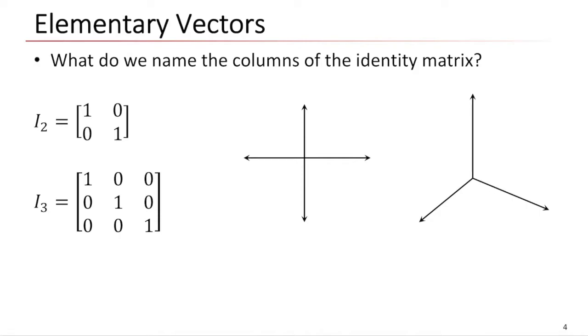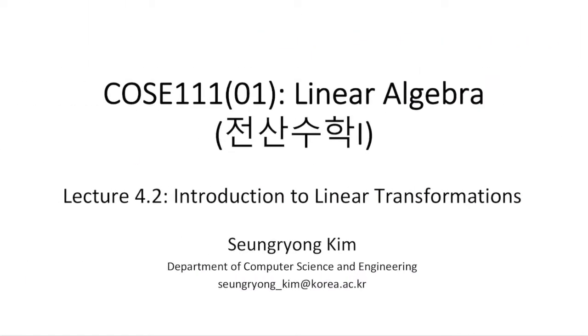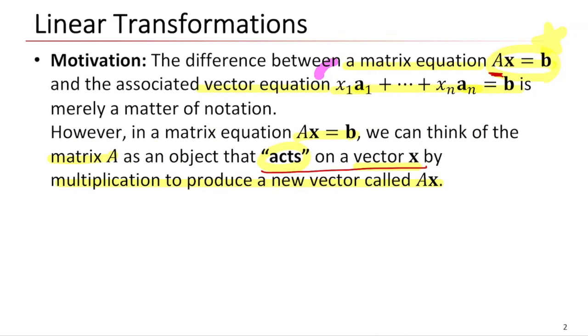Before starting, let's go back to our previous slide. In the last lecture, we were talking about the introduction of the linear transformation, right? So what was the linear transformation? Linear transformation is related to Ax = b, right?